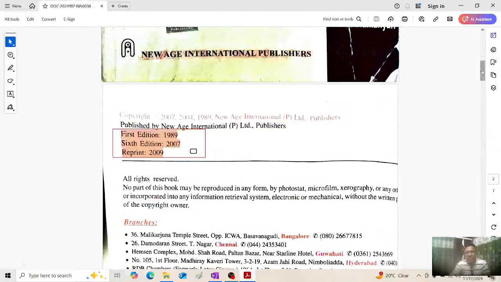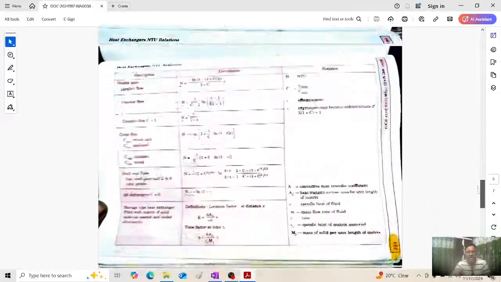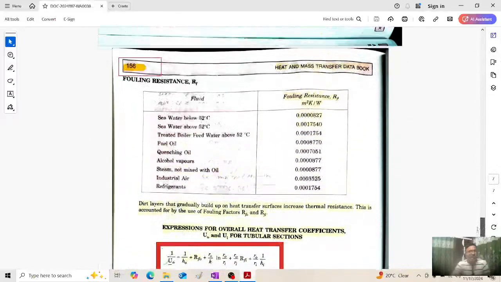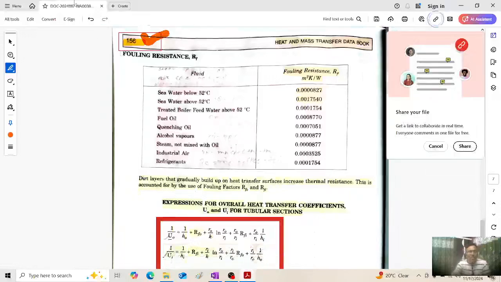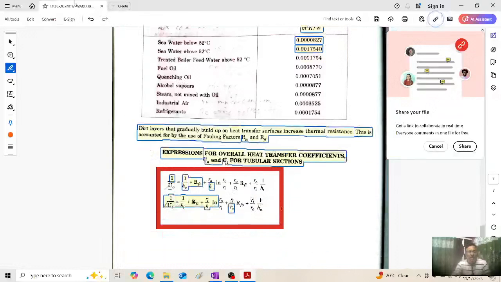So in this data book, on page number 156, this one, the expressions for overall heat transfer coefficient based upon inside and outside area are given.